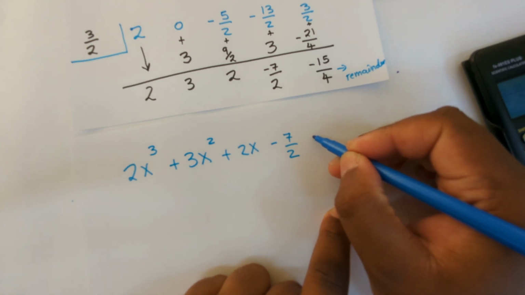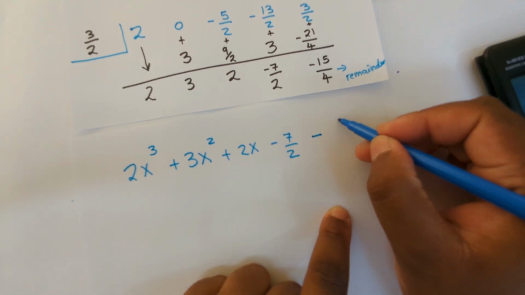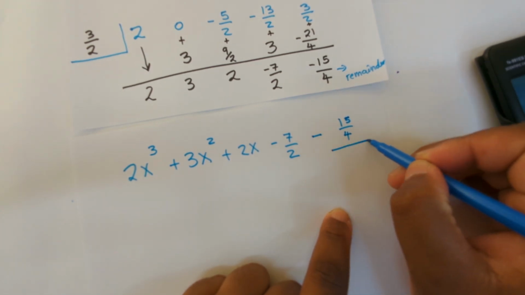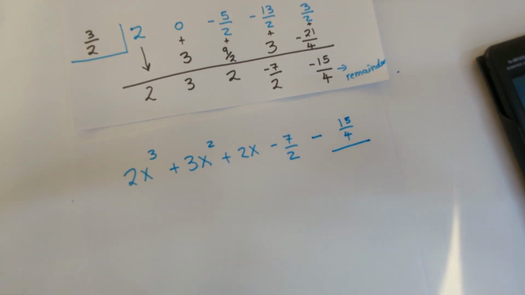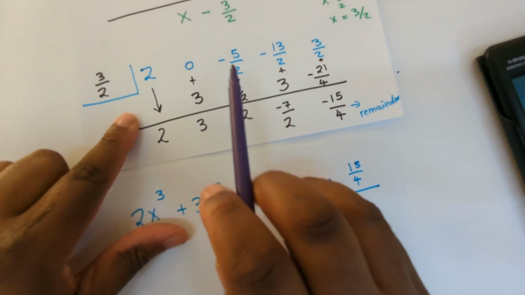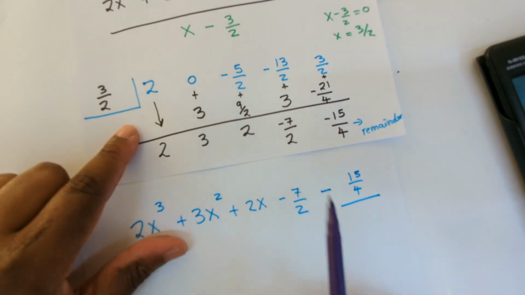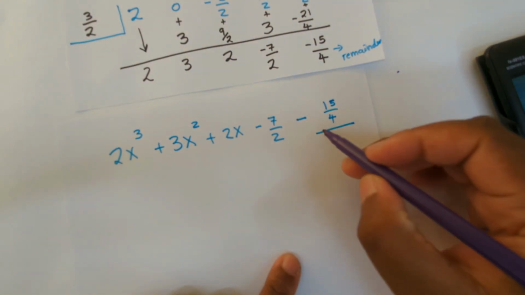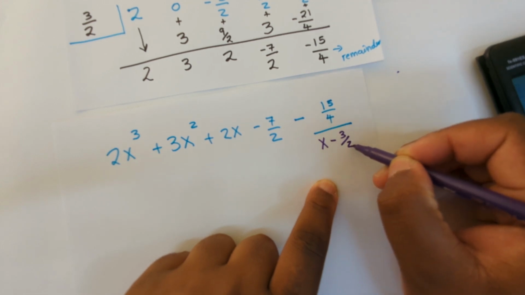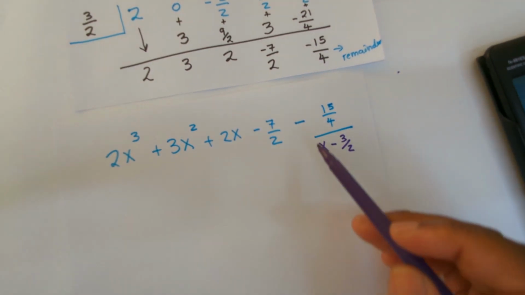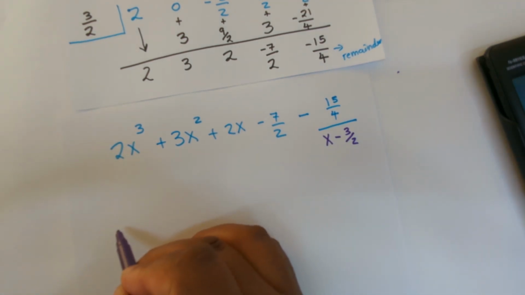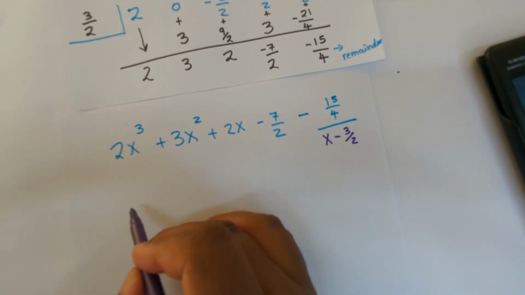We know that our remainder of negative 15 over 4 is being divided by our simplified divisor, which is x minus 3 over 2. Now let's simplify this part. Let's leave the minus aside for now.